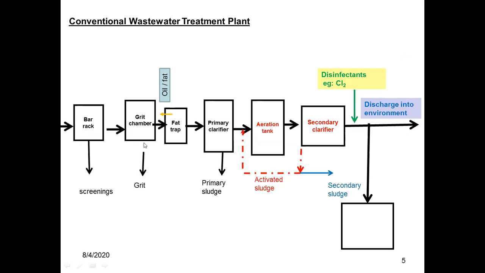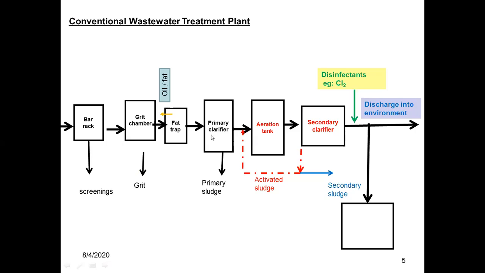The second is grit removal, where we can use a grit chamber. The third is the fat trap, where oil, fat and grease can be removed. Usually the oil density is lower than that of water, so we can take it from the top surface of the oil-water mixture.